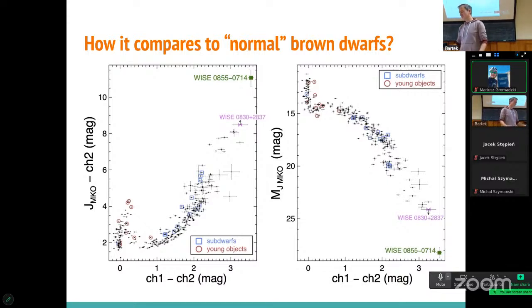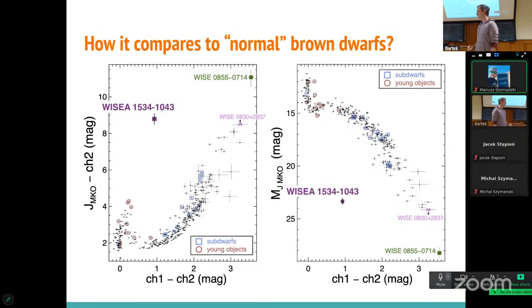And when we try to compare the object with this, it lies over here, right on the spot where it's totally empty, no man's land. So it's either too blue, if we would consider it to be from this part of the population, or it's very much underluminous compared to the others.